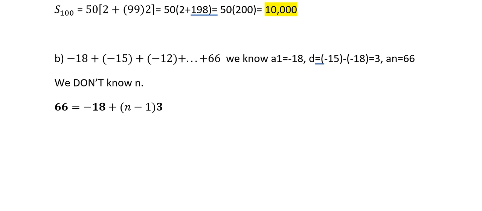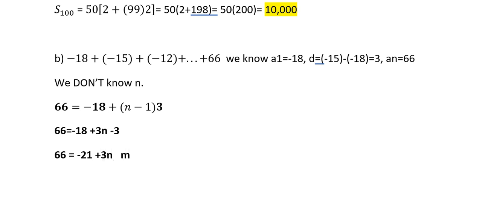So this becomes 66 equals negative 18 plus 3n minus 3. So we'll put the negative 18 and the minus 3 together, and we get 66 equals negative 21 plus 3n.